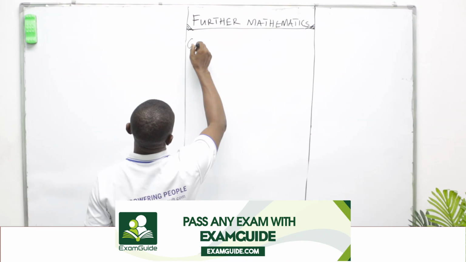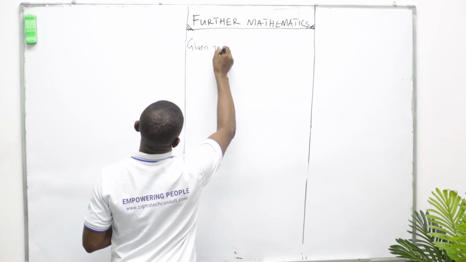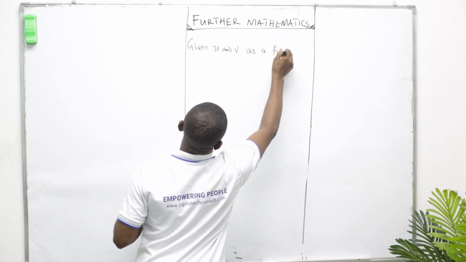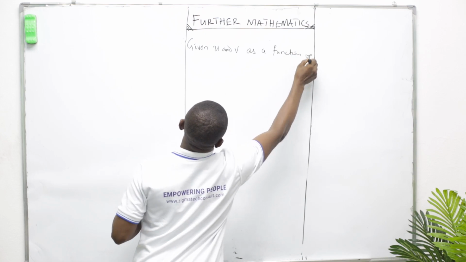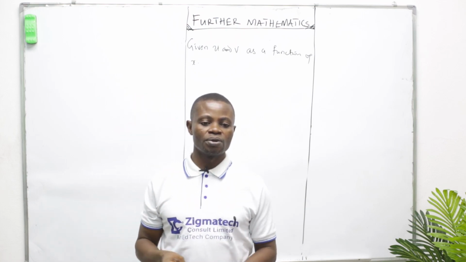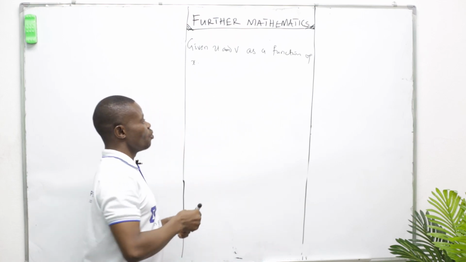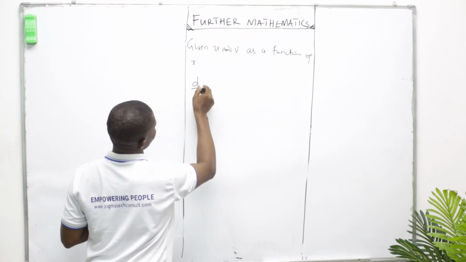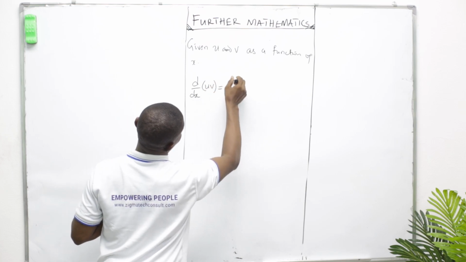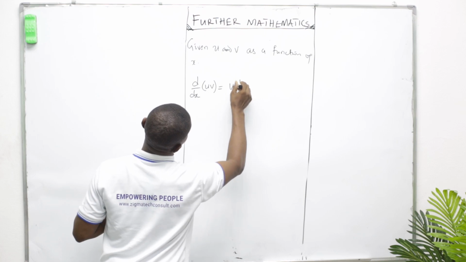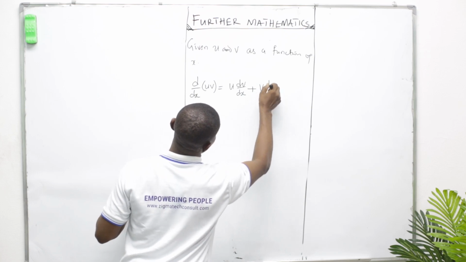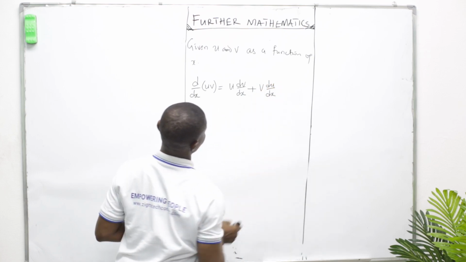Given u and v as functions of x, recall from our product rule in differentiation that d/dx of uv equals u dv/dx plus v du/dx.